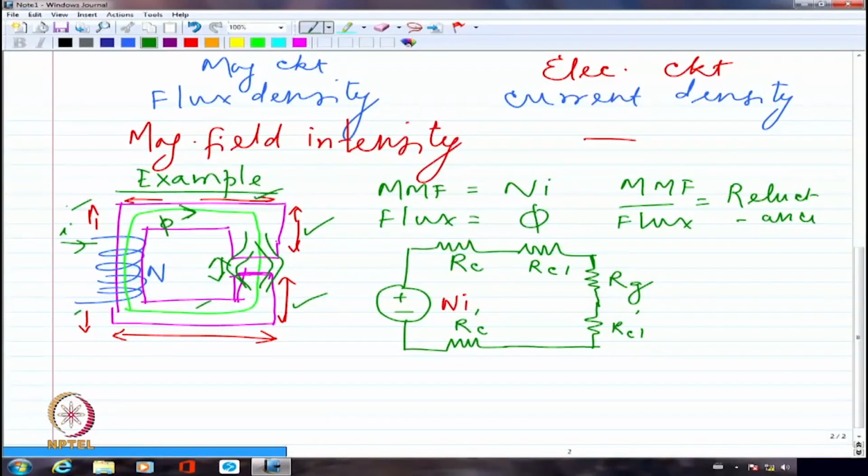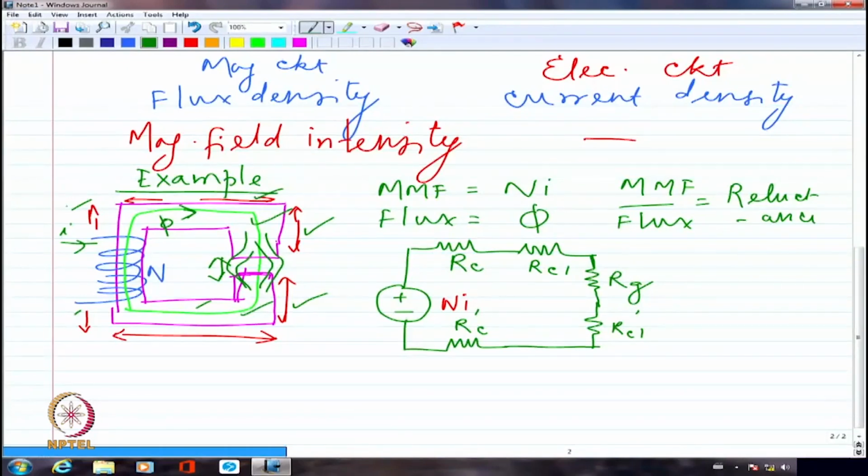So, I have to definitely allow more area, rather it is not my allowing, I would say the flux lines will automatically take up more area so that the flux density does not go too high, right? And it is actually our assumption that the flux density at this point is same as that of the flux density at this point. It need not be, especially because the intervening air gap is there.